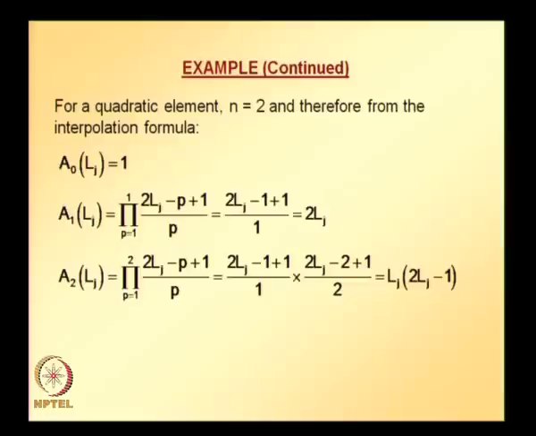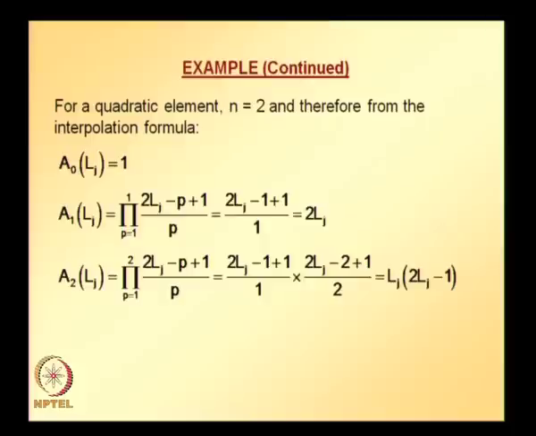So, a0 Lj using the formula for ai Lj can be verified as equal to 1. a1 Lj, again here i takes value 1, so the counter over this pi goes from p is equal to 1 to 1, which gives us only one term.